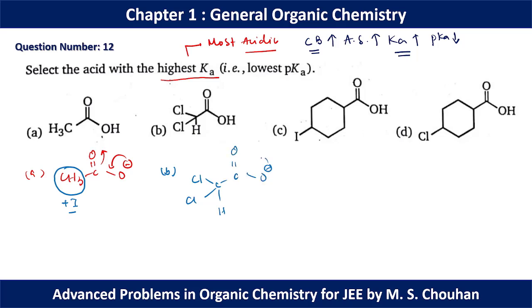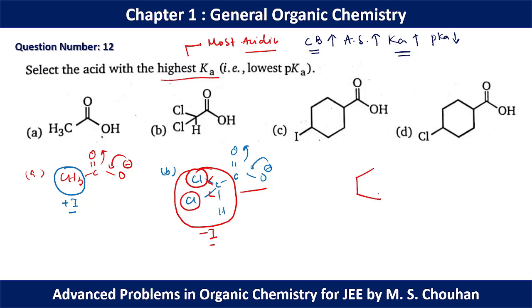Here also the conjugate base is resonance stabilized, but due to the presence of two Cl electronegative groups, this CCl2H group can show minus I effect, and this minus I effect can stabilize this conjugate base.